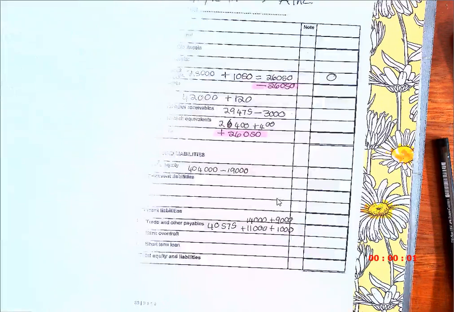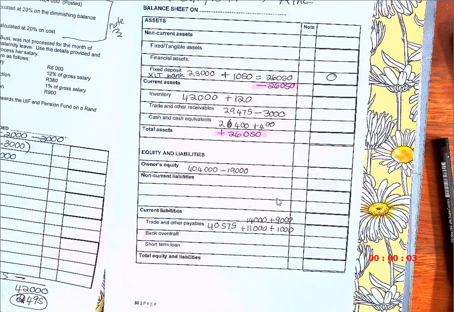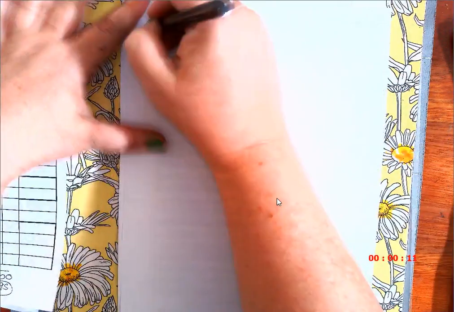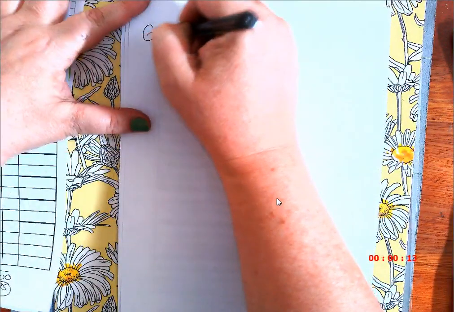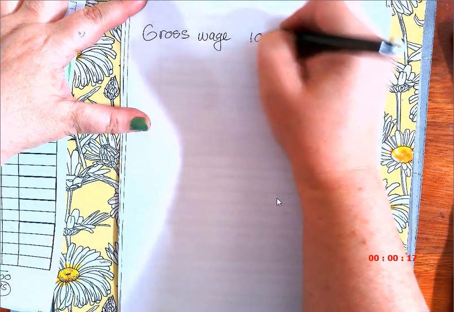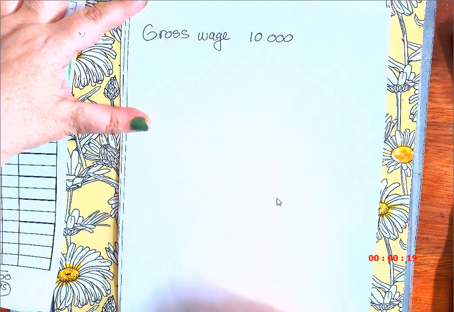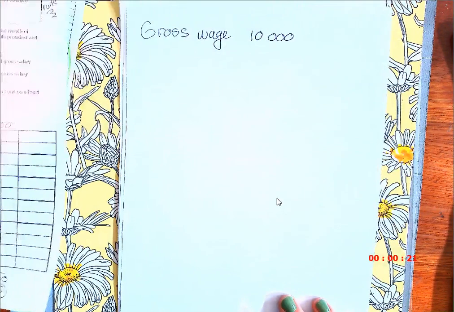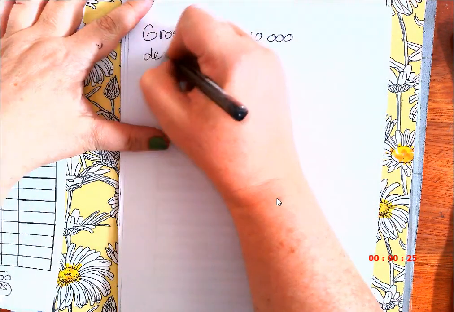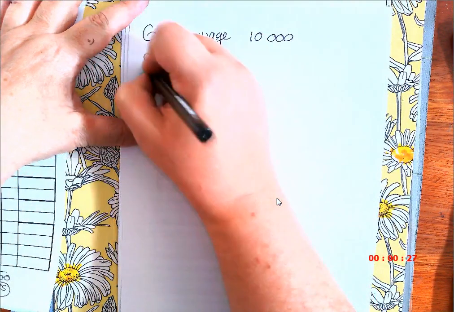Okay, so before I do this adjustment, I'm going to do a little example for you. Let's say this guy has a gross wage or salary of 10,000, right? Now he's got deductions as follows.